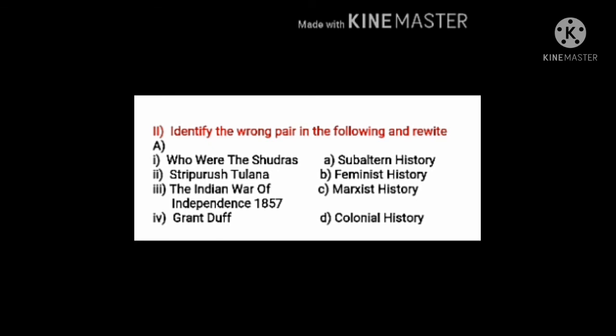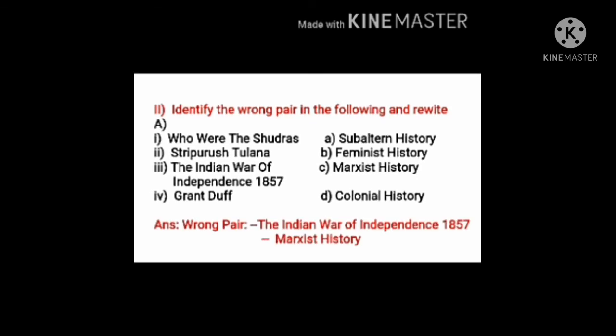The wrong pair is the third one, The Indian War of Independence. It is given as Marxist history, but The Indian War of Independence is called nationalistic history. So the wrong pair is The Indian War of Independence, Marxist history.